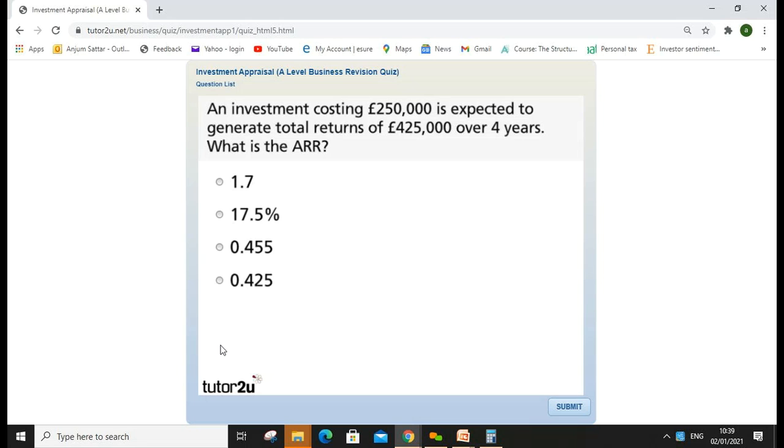You take what you invested and what you are getting; the difference is your profit. Yes, and find the percentage. What will it be as an average?